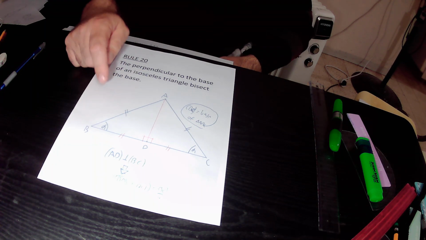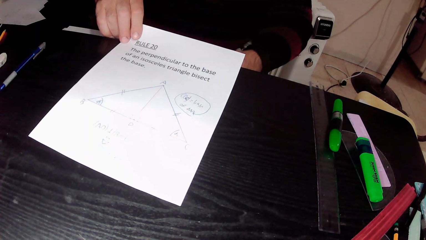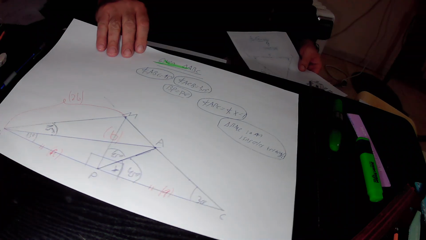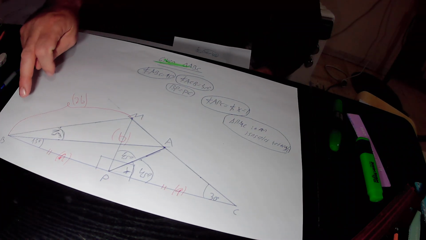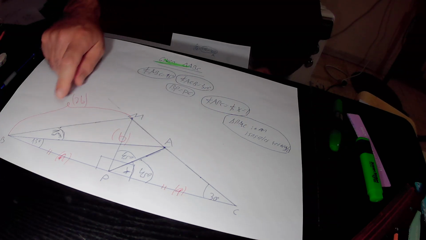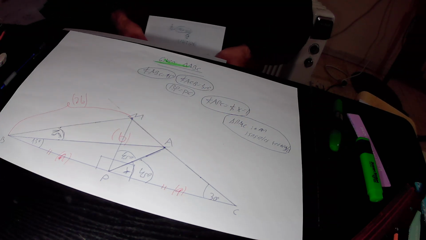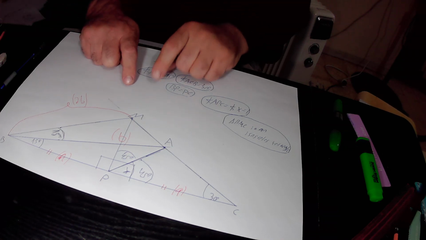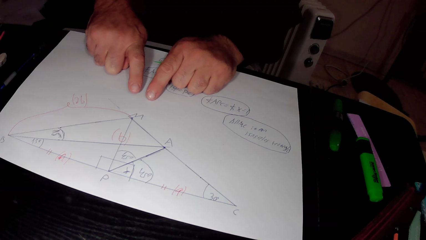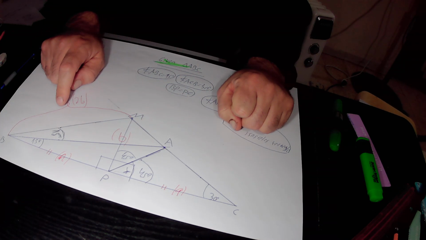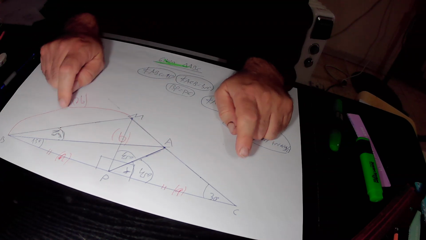So here we can implement rule 20 in our drawing, because we have the isosceles triangle BMC. BC is the base of this triangle. According to rule 20, the perpendicular from point M to the base BC bisects the base BC. That is to say, it divides the base BC into two halves.